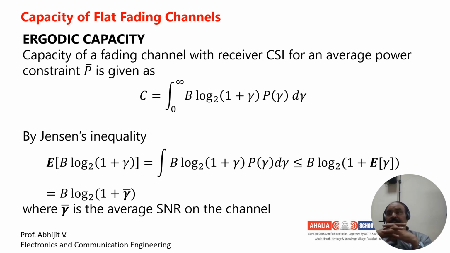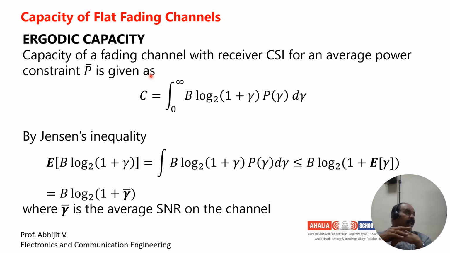Ergodic capacity. Capacity of a fading channel with receiver CSI for an average power constraint P is given as follows. In the previous slide, we have seen two conditions: capacity with outage and ergodic capacity.